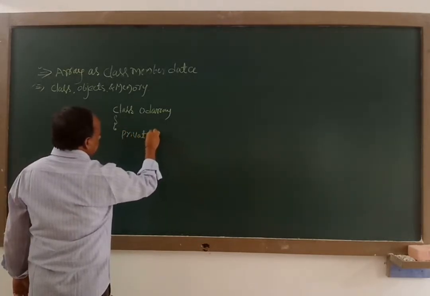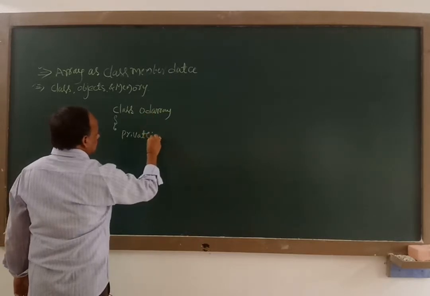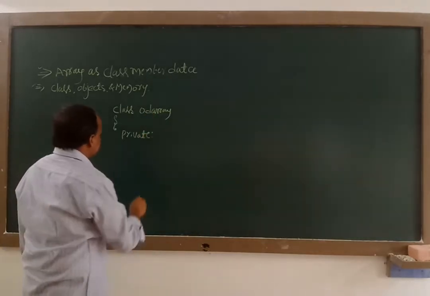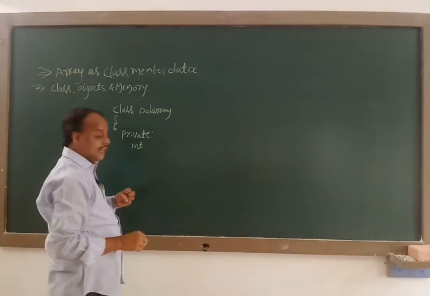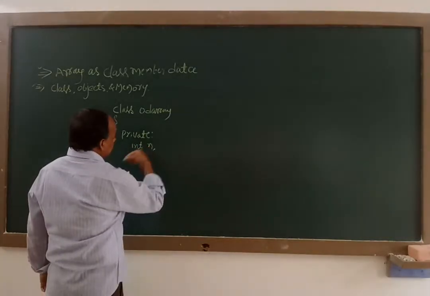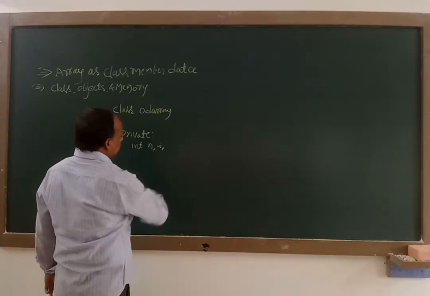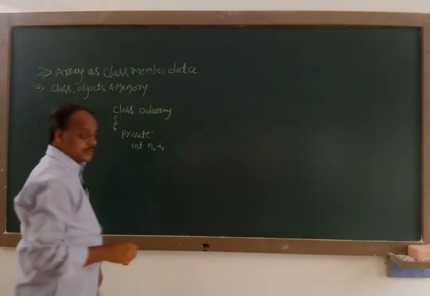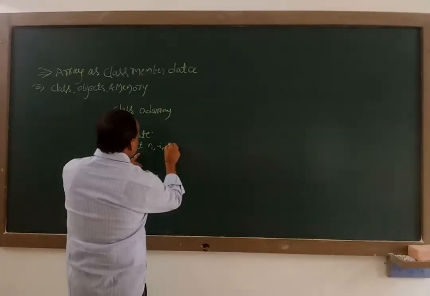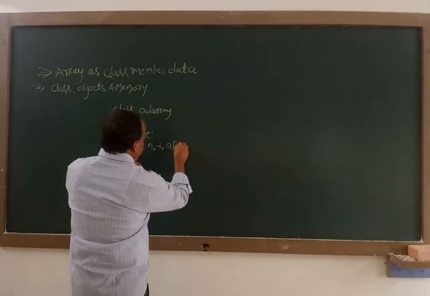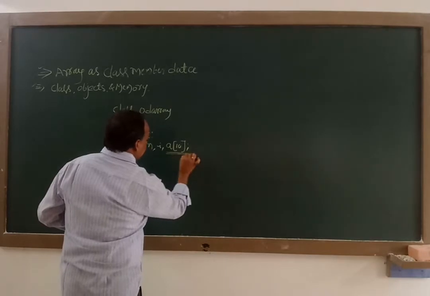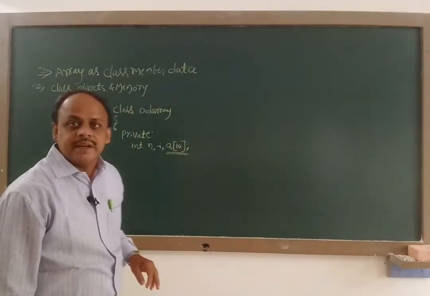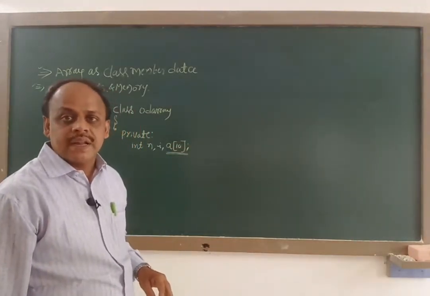private, right, int. First I have to accept n elements, right? Therefore take n, one variable i, and next, a of 50, right? This is nothing but declaration of one dimensional array.